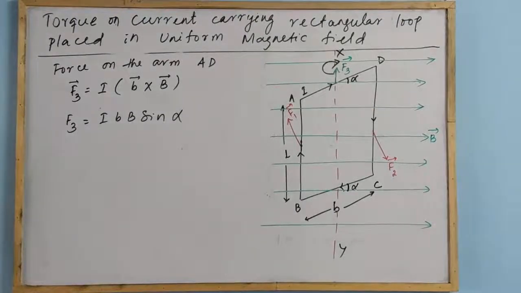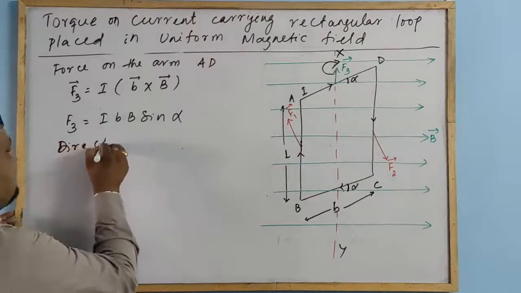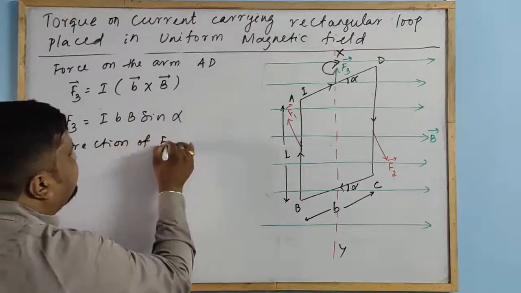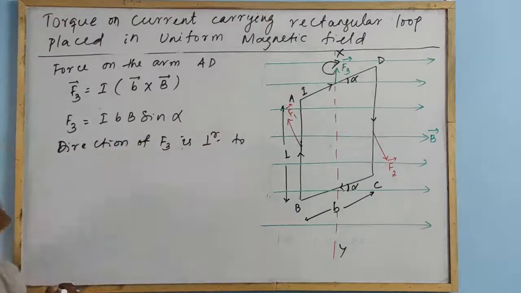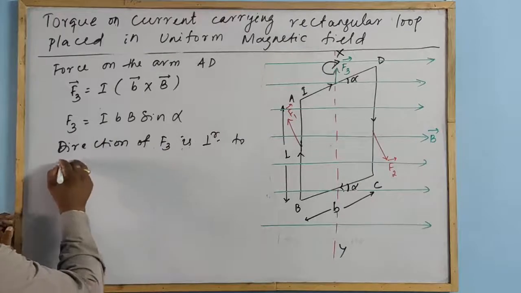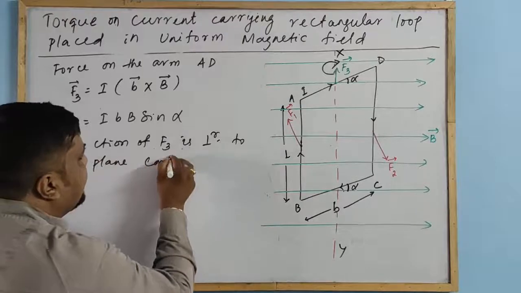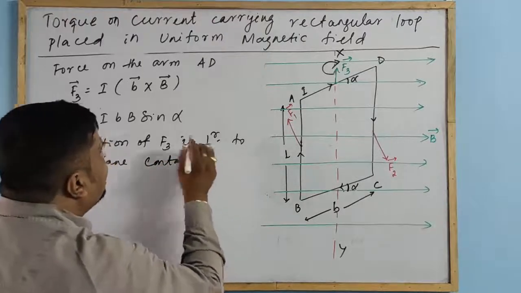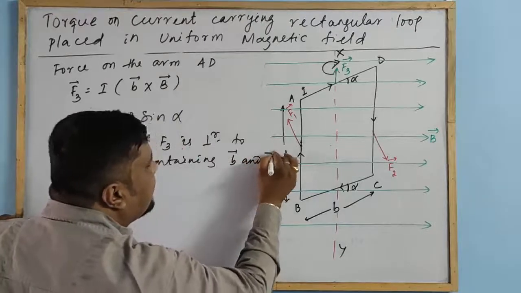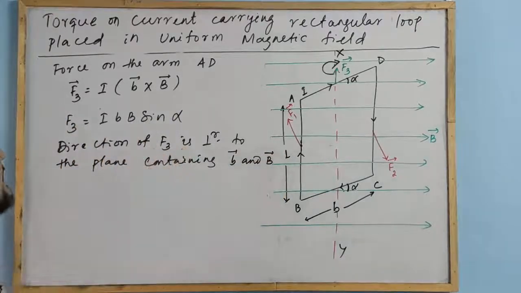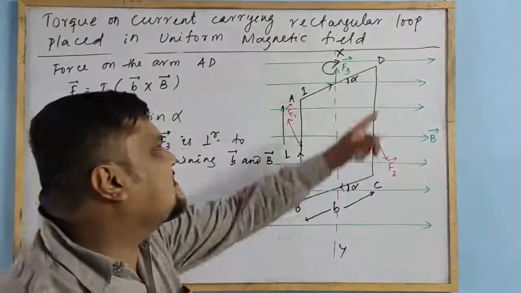So what is the direction of F3? The direction of F3 is perpendicular to the plane containing B and L. Because it is not actually 90 degrees.